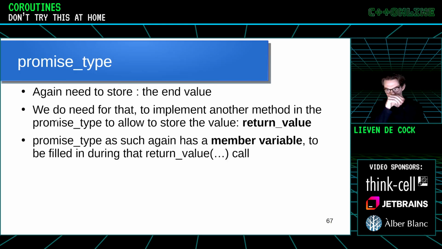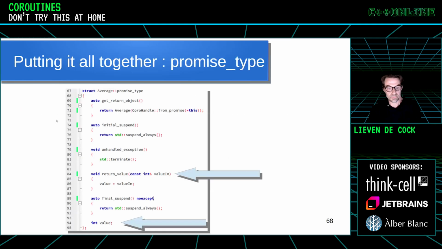And we have seen before in the previous examples, when you didn't have to return anything, we need to configure the promise type with a return void member method. Now this will be a return value member method. So return value is a bit similar to yield value. The thing comes in as a const reference to the type it is. In our case, it's just an integer.